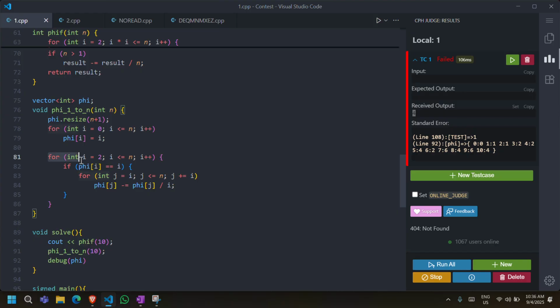So here I go from 2 to n, and if that is a prime number, that is, if phi of i equals i, then you go to the multiples of i and do phi of j minus equals phi of j by i, right?